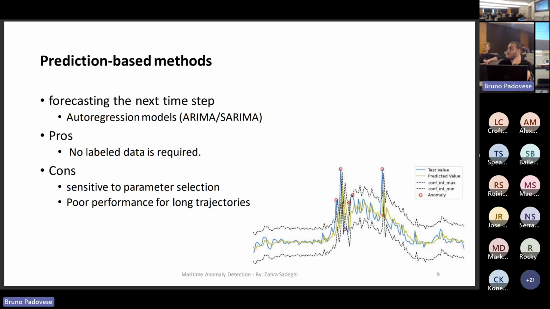So there is a wide range in this family. The advantage of this approach is that it doesn't require any label data, but it's very sensitive to parameter selection and can show poor performance for long trajectories. And the figure shows that when there is a high error between the predicted pattern and the actual pattern, we can flag it as an anomalous point.